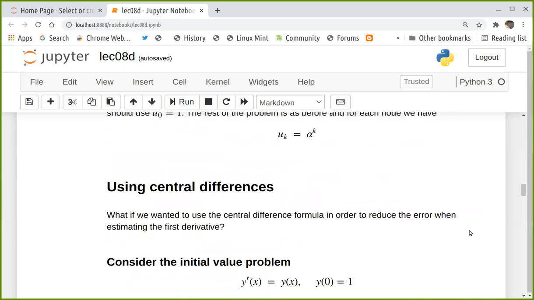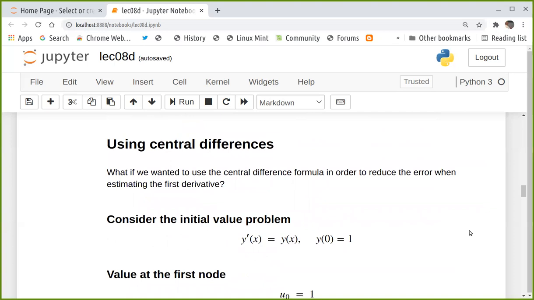All right. So now what if we said you use forward differences in that, and that's not right. If you can use central differences, which reduce the error markedly, then why didn't you do that? All right. So let's look at this in terms of central differences.